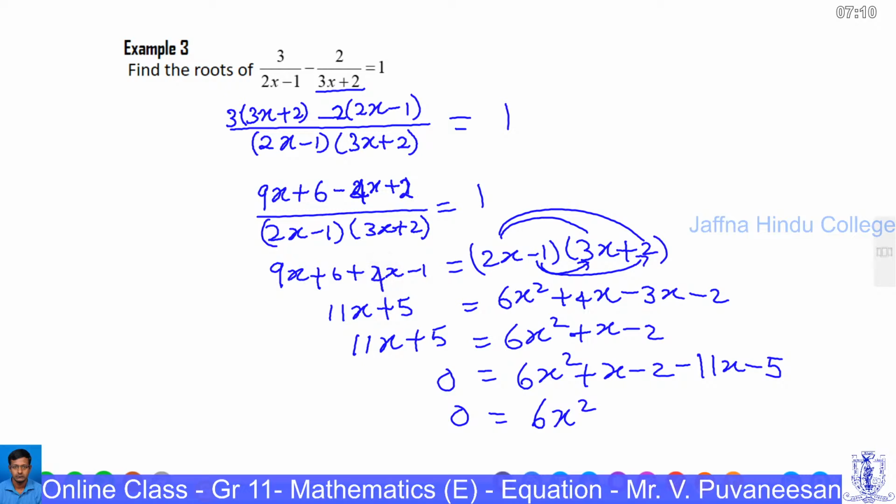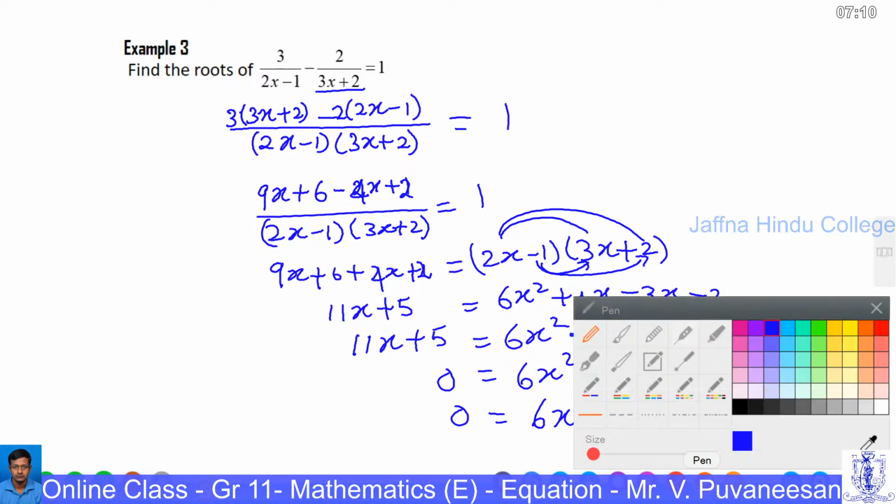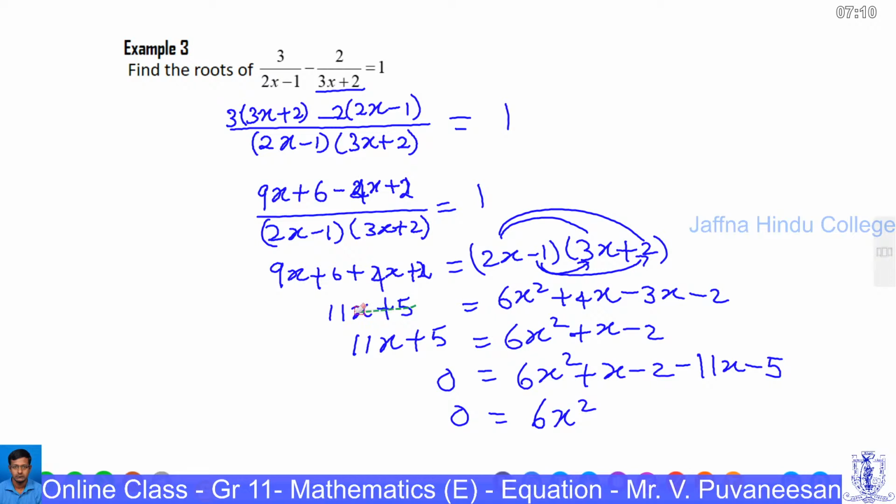So this also is 4x plus 2, so 11x plus 5. This is 9x minus 4x, 5x plus 8.